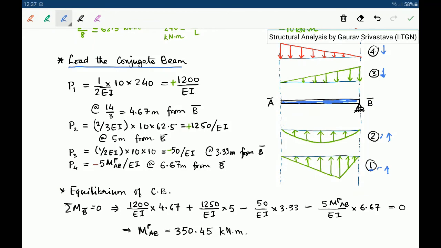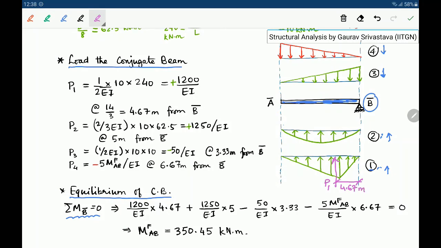Now if we write the equilibrium condition for the conjugate beam, we can write the summation of moment about point B bar to be equal to 0. For the load at 1, the equivalent load may be acting somewhere here, which we call P1, and this P1 is acting at a distance of 4.67 meters.